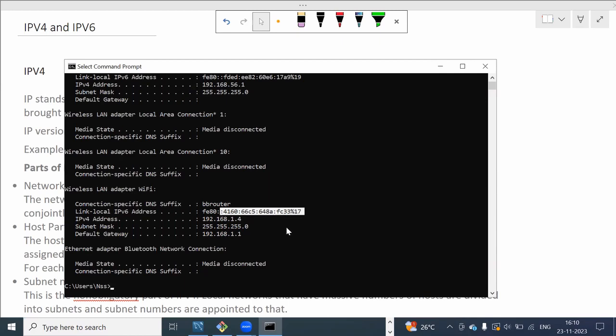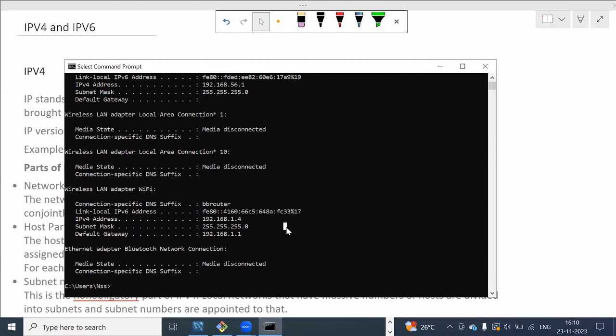So what is the difference between a local IP and a public IP? Using a local IP address, you can only communicate in the local area network. What does it mean? For example, your computer is connected to your Wi-Fi, another computer is connected to your Wi-Fi.